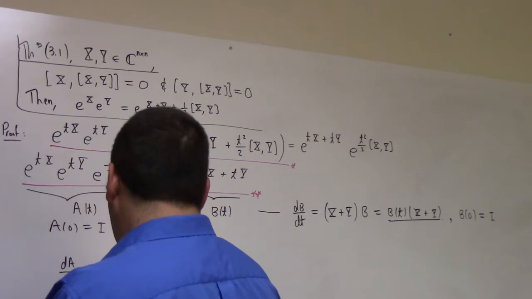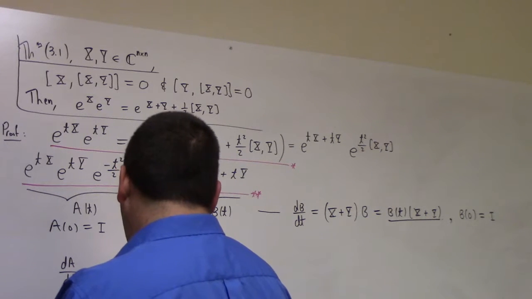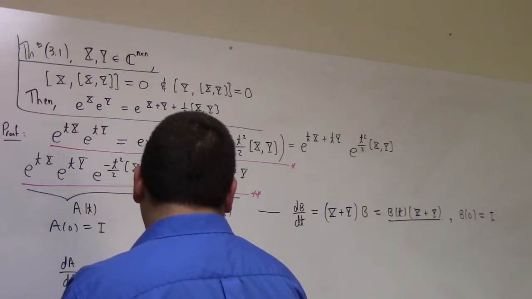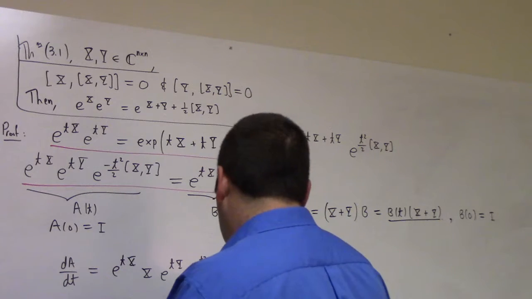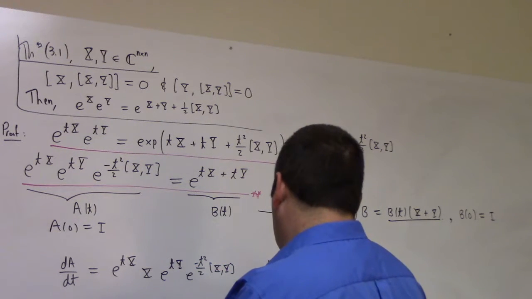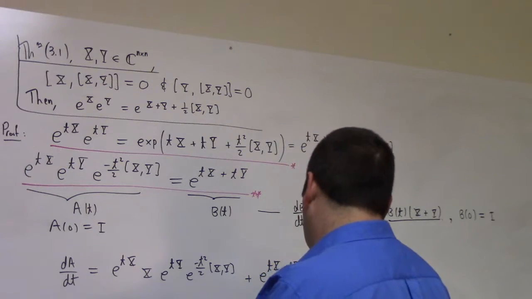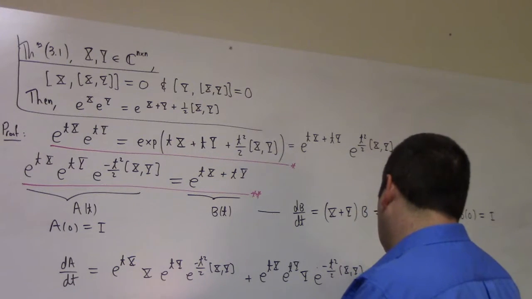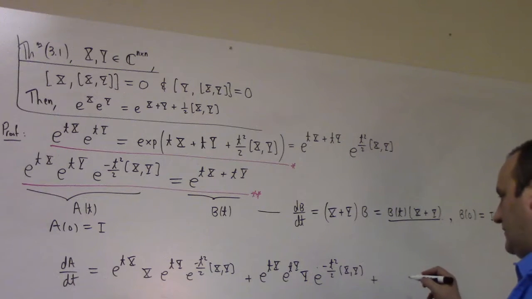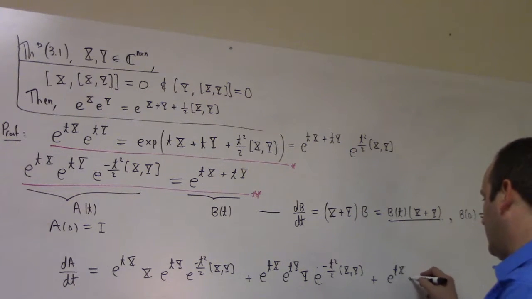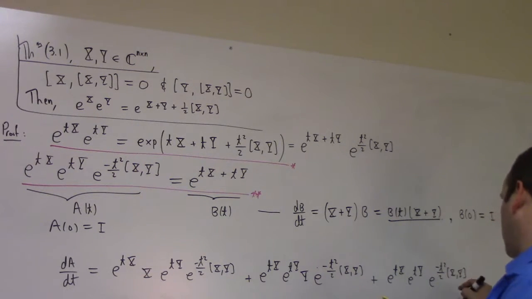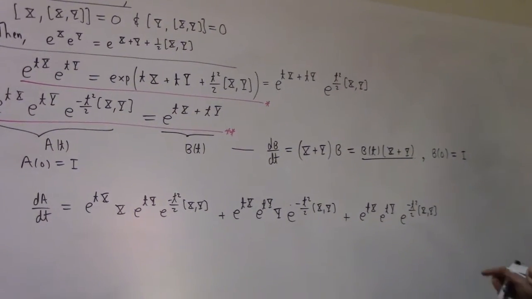Let's see here, it's the triple product rule: e^(tx) x e^(ty) e^(-t²/2 [x,y]), plus e^(tx) e^(ty) y e^(-t²/2 [x,y]), plus, triple product rule, e^(tx) e^(ty) e^(-t²/2 [x,y]) times the derivative of the inside argument in the last term.